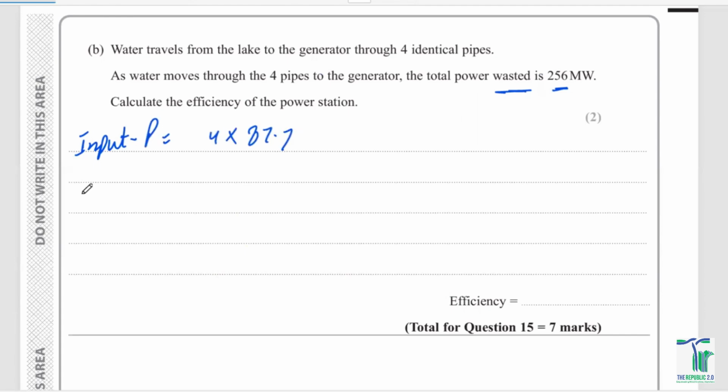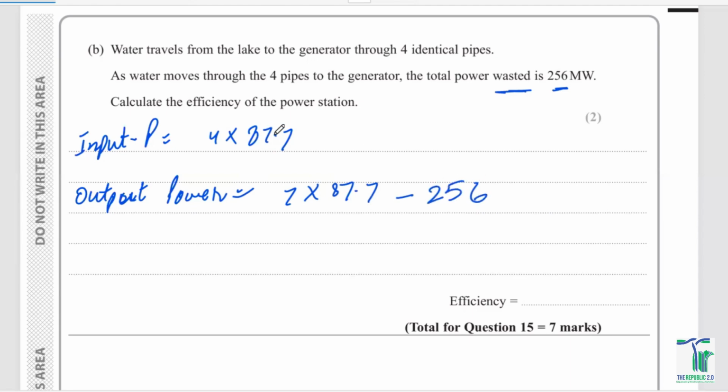That is the input. And if I'm calculating the output power, it has to be the same input, but taking away the wasted power, which is 256. So 4 times 87.7 is going to give me 350.8 megawatts.